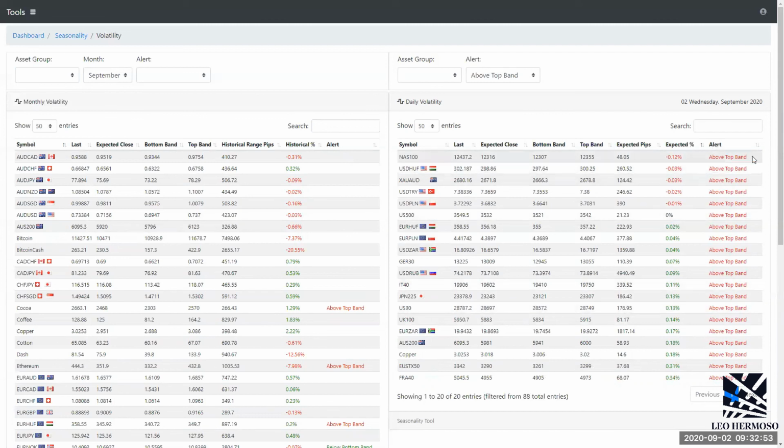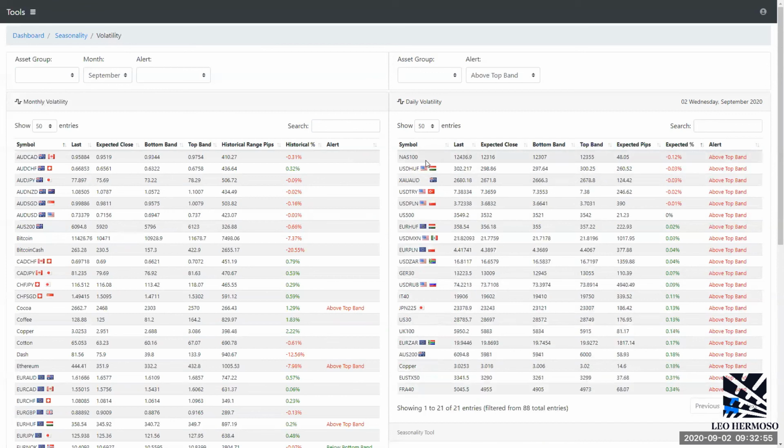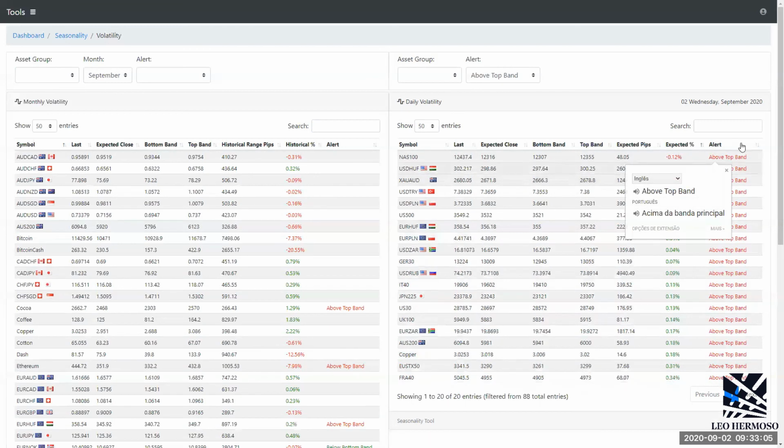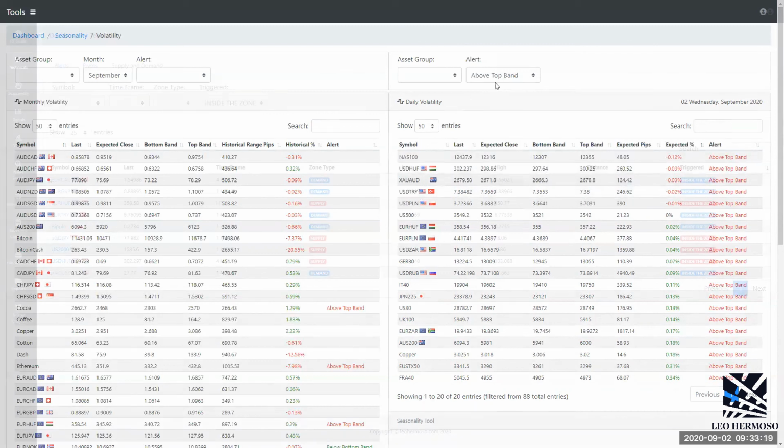We know that Nasdaq usually goes down on Wednesdays in September, but today it's above the expected high. So maybe, if you are brave enough to short Nasdaq, it's a trading opportunity. The same thing is true for USD PLN. This is Turkey. You got the idea for this?